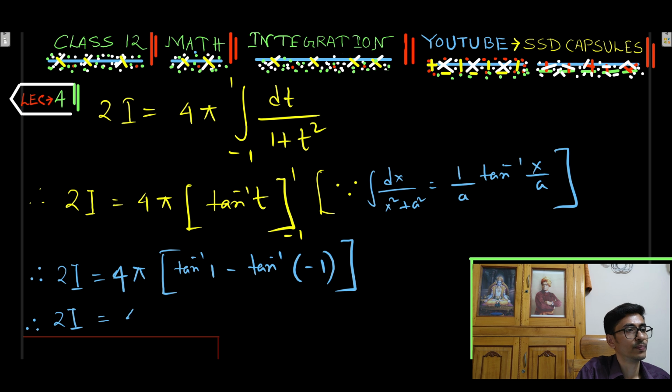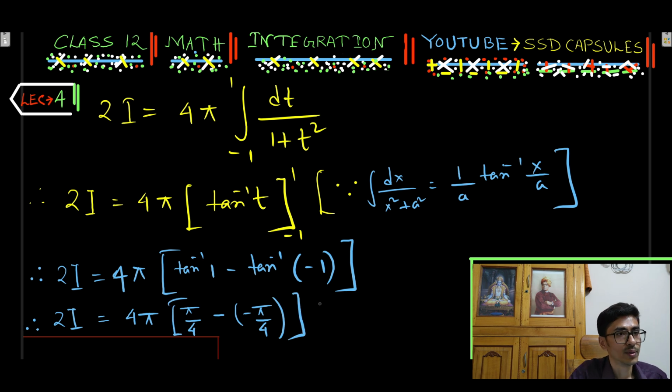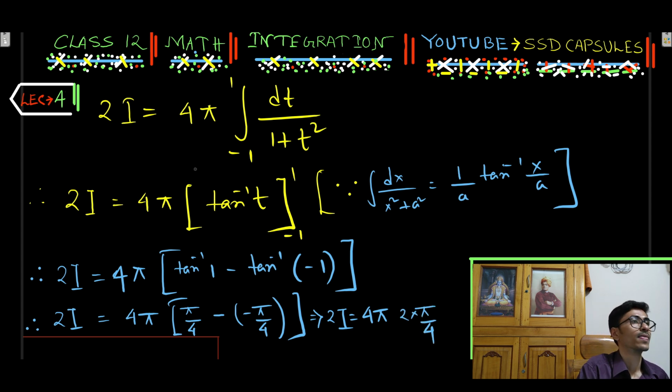Therefore 2I equal to 4 pi. Tan inverse 1 means pi by 4, minus tan inverse minus 1, so minus minus pi by 4. So therefore 2I equal to 4 pi, pi by 4 plus pi by 4. So here 2 into pi by 4.